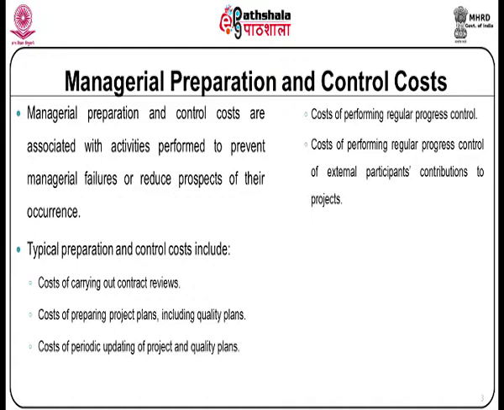Typical preparation and control costs include costs of carrying out contract reviews, costs of preparing project plans including quality plans, costs of periodic updating of project and quality plans, costs of performing regular progress control, costs of performing regular progress control of external participants' contribution to the projects.